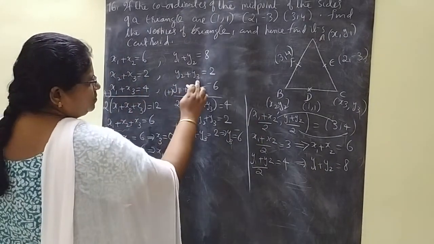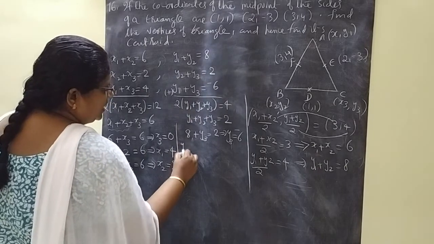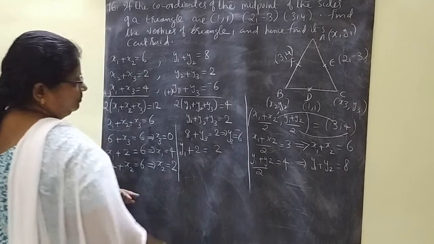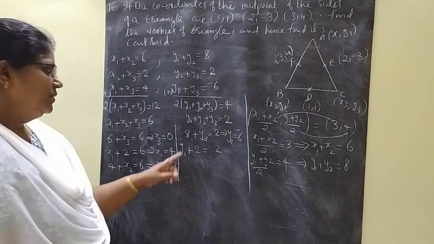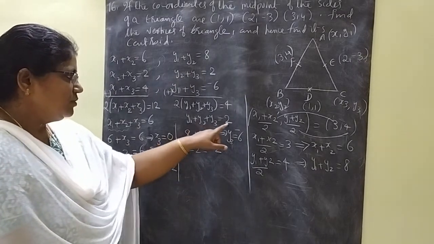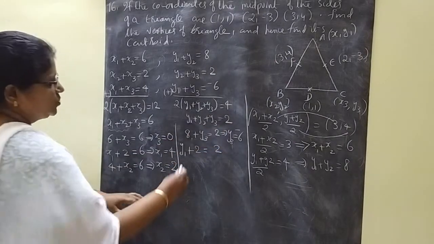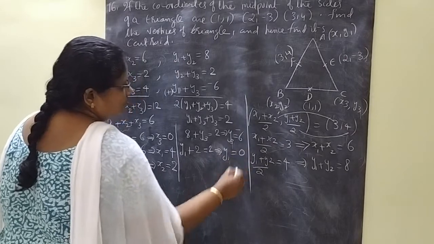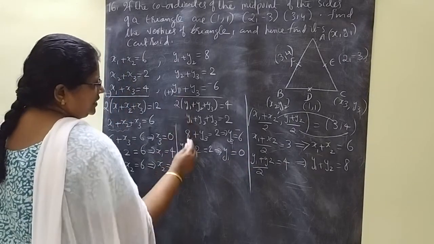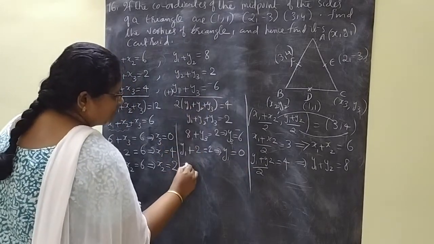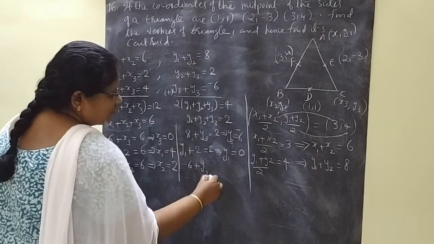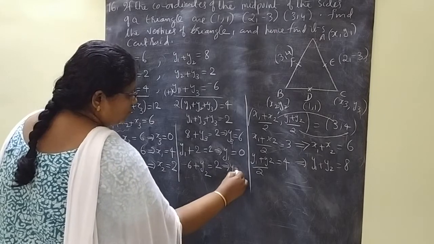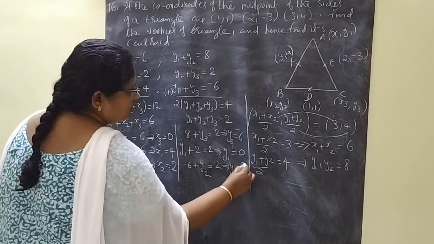Next, y2 plus y3 is 2, so y1 plus y3... y1 plus 2 is equal to 2, so y1 is equal to 0. Next, y1 plus y3 is minus 6, so y2 is remaining, which implies y2 is 2 plus 6, 8.